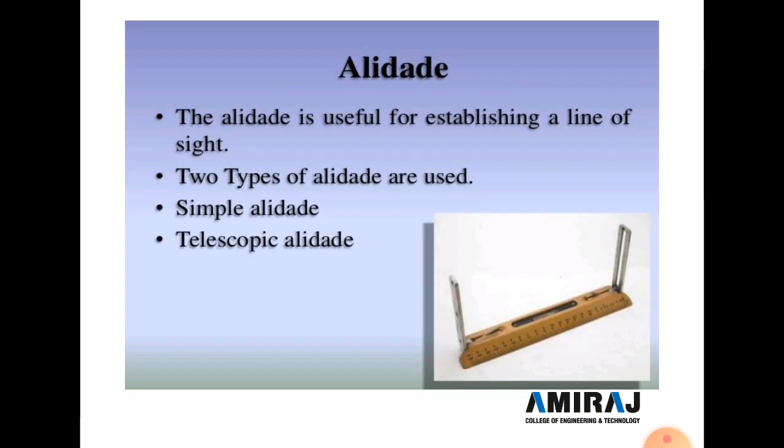Before starting, we discuss the alidade. See this: here two vanes are provided. The first one is the eye vane and the second one is the object vane. In the eye vane, one slit is provided to exactly see the target, and in the object vane, a horsehair is provided. So one thin black horsehair is provided in a slit.